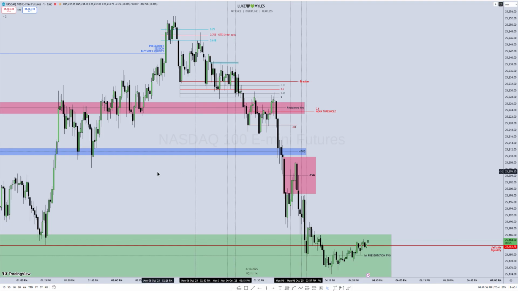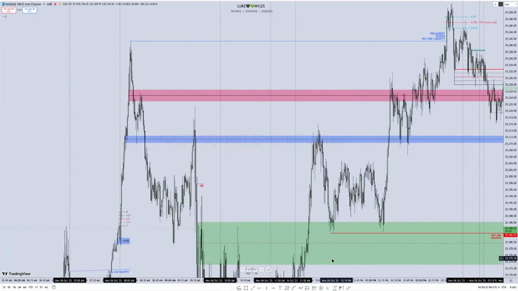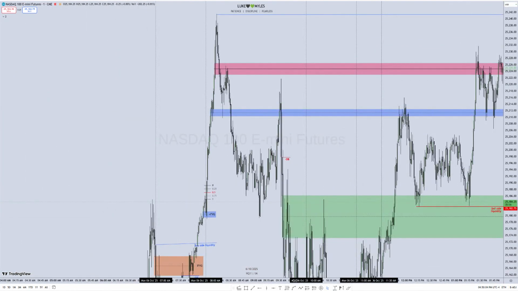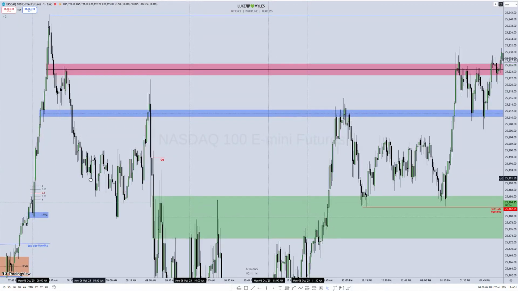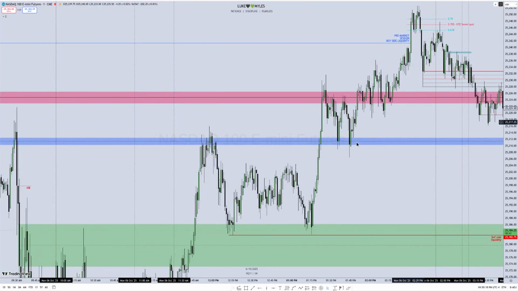So as you can see, what went down, we have going back into the New York session, in the pre-market session, I have this inversion fair value gap that was inversed, dropped lower. It's marked in red because it was reclaimed here.